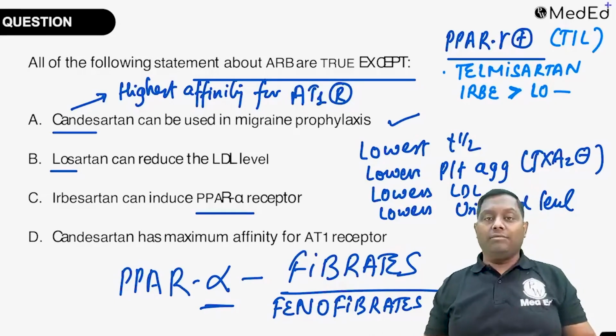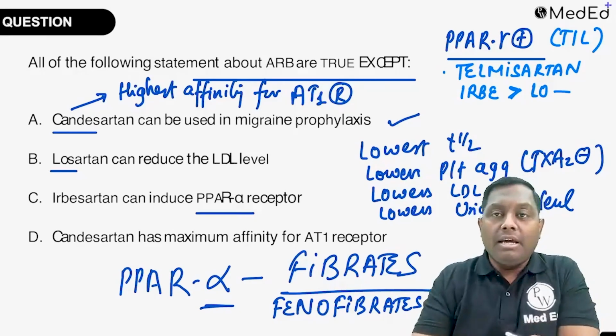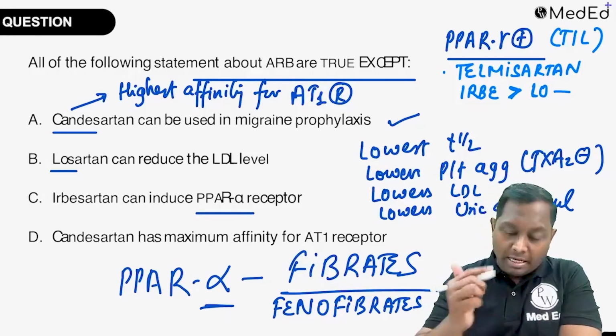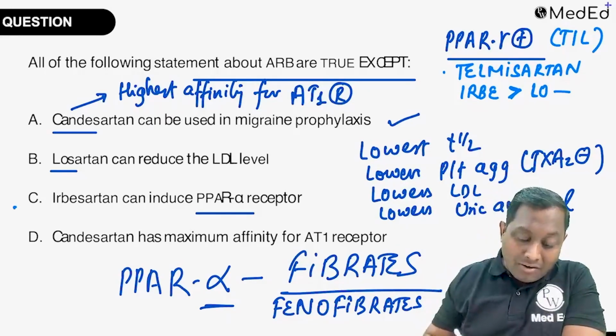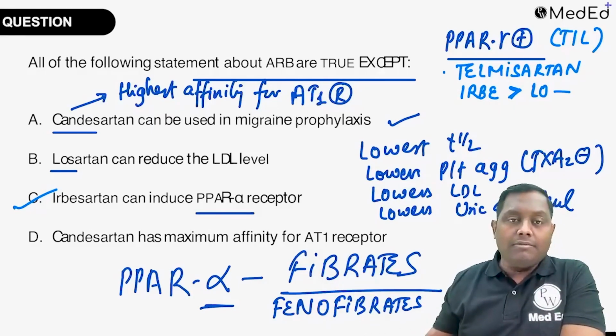Gamma से glucose you have to remember, and they will be increasing the insulin sensitivity. So remember, PPAR gamma agonist. Not alpha. Alpha तो fibrate वाले होते हैं ना, तो irbesartan का भी होता है, and candesartan has maximum affinity. Yes, that's also true.